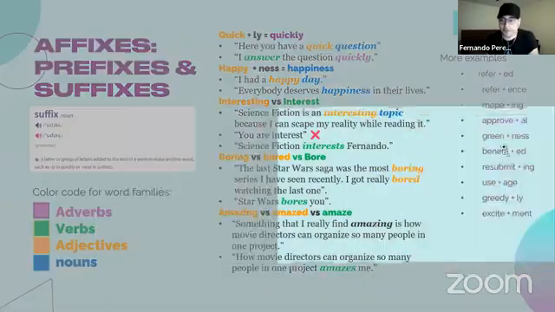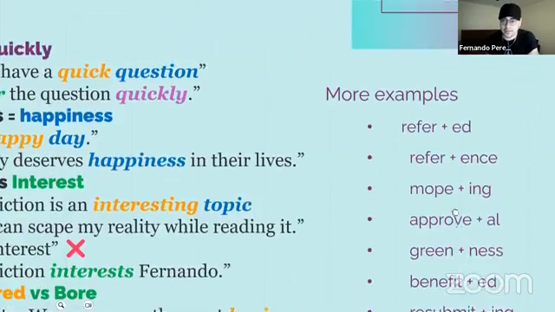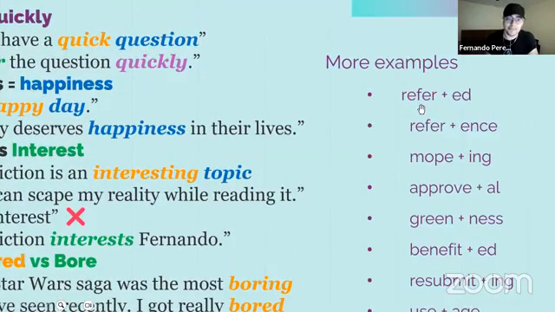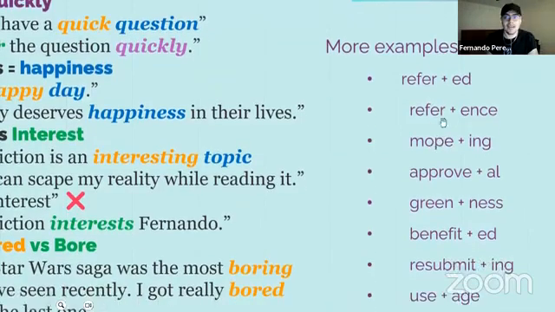Here, we have some other examples. For example, refer is a verb and referred is a description. Refer is a verb, but the suffix transforms this into a noun, reference. Mop is a verb, the action of cleaning the floor with a mop.